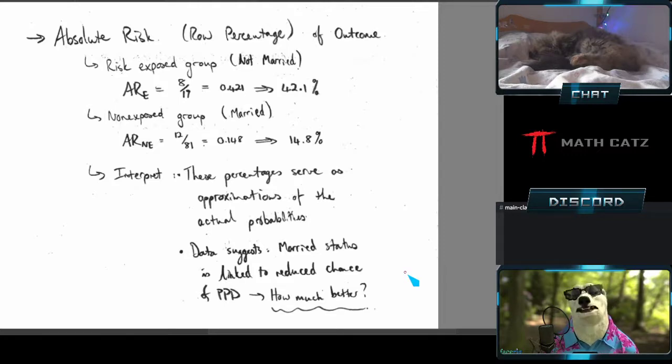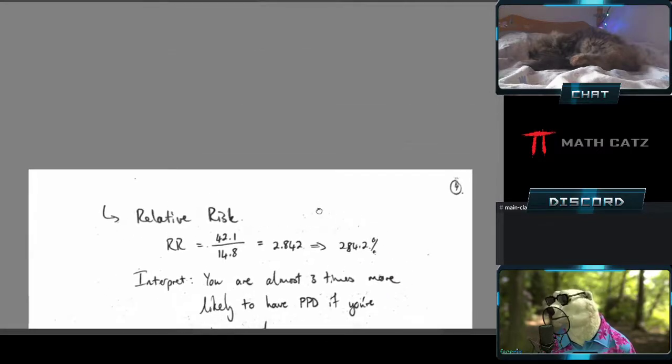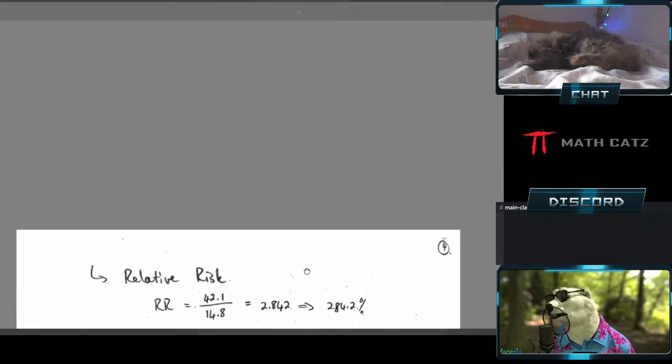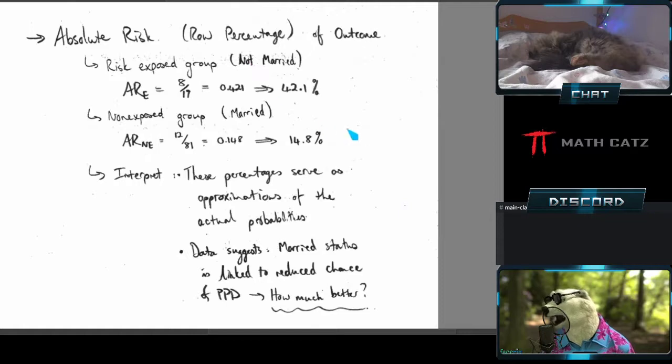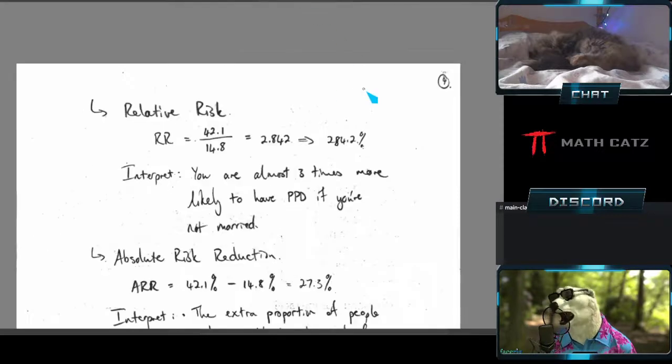We want to calculate that for the reader. And that is called the relative risk. All it is, if I have my two numbers here, 42.1% and 14.8%, how much more is one from the other? Well, that's just a simple division, right? So I'll calculate my relative risk.